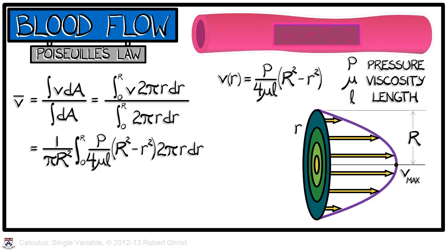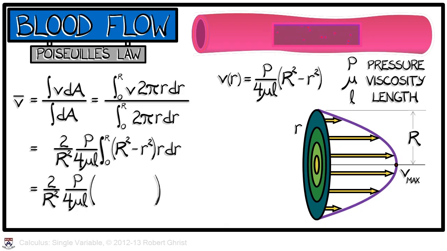That is the integral, as little r goes from 0 to big R, of this constant, P over 4 mu L times quantity, big R squared minus little r squared, times the area element, 2 pi r dr. Now we can simplify that integral quite a bit, pulling out the P over 4 mu L constant, canceling the pi's, pulling the 2 outside, and then what do we have left? Some big constant times a simple integral. We have to integrate big R squared times little r dr. That gives big R squared little r squared over 2.